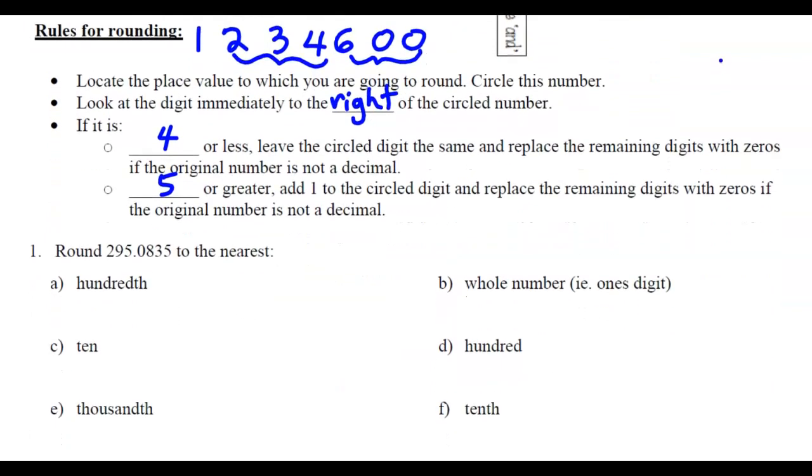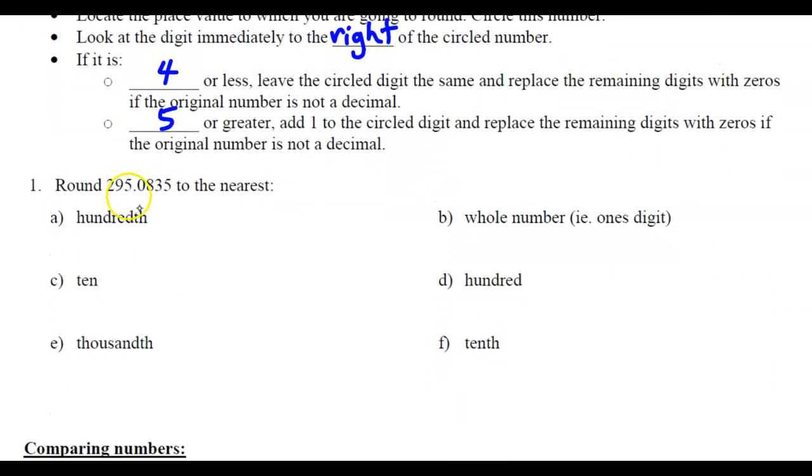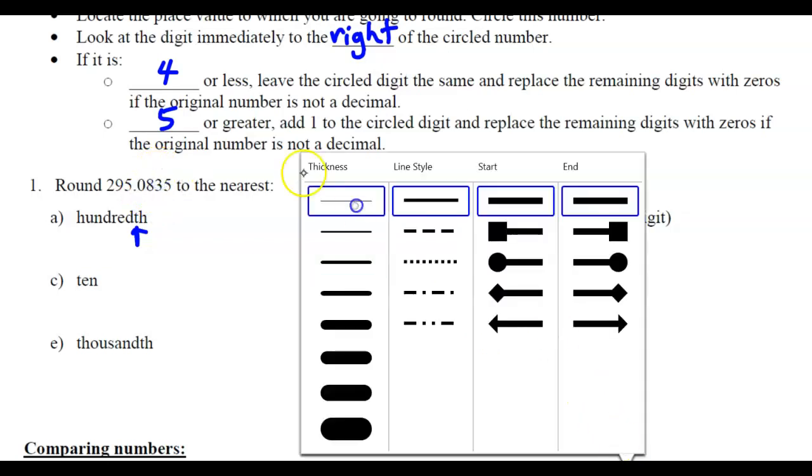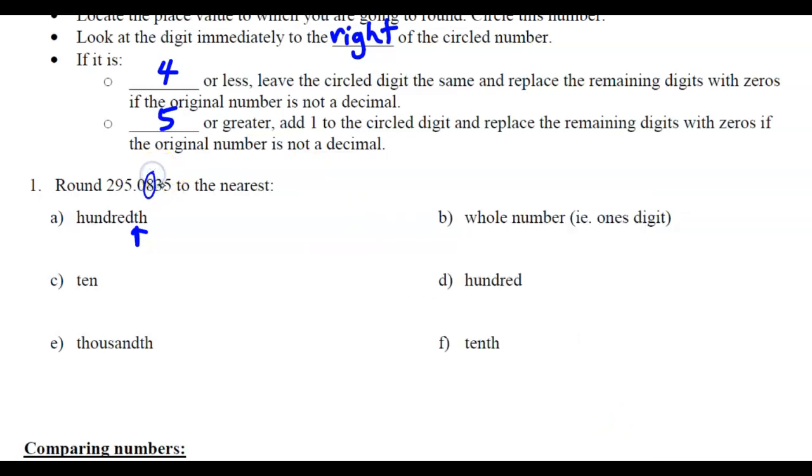So let's practice. Round this number to the nearest hundredth. So look for the TH. Hundredth is the second decimal value. There is no oneth digit; it goes right to the tenth digit and then the hundredths. And so I've circled it.